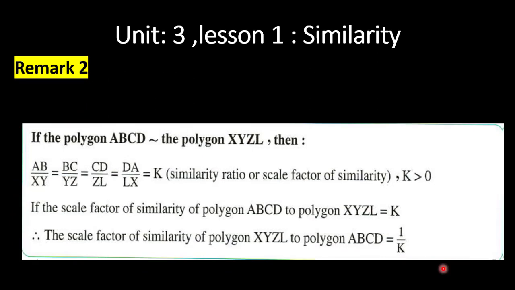They are all equal, and they are equal to K. What do we mean by K? This is the similarity ratio, or the similarity scale, or the scale factor of similarity. So the ratio between the corresponding sides is equal to a constant number, which is the similarity ratio or the scale factor.